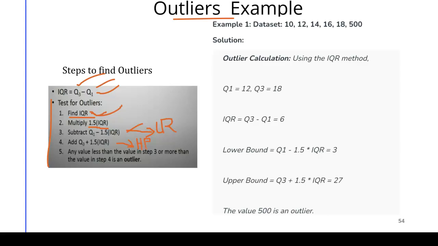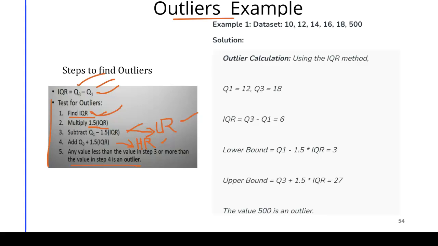When a value falls between the lower range and the higher range, it will not be considered an outlier. When values do not fall between the lower and higher range, those values are considered outliers. Any value less than the value in step 3 or more than the value in step 4 is an outlier. That is what I explained to you now.